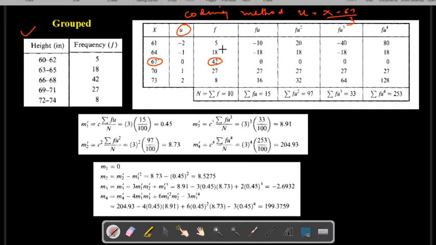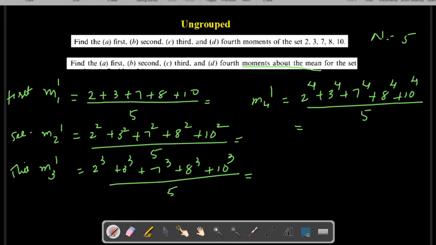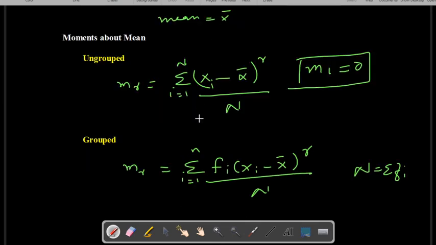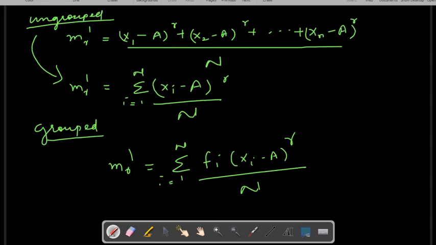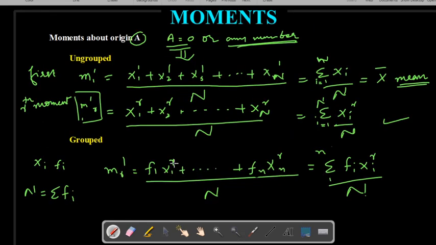Then by the usual procedure, multiply f and u, you get fu. Then what else is needed? Instead of x, we are now going to consider u alone. So don't look at x now, you only have to check u and f. In the formula, just see what the formula is for grouped data. For grouped data we have fi into xi minus x bar, and for the other one fi xi raised to r.